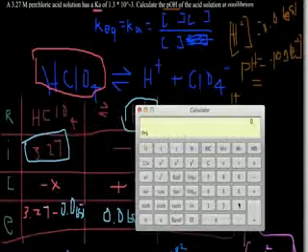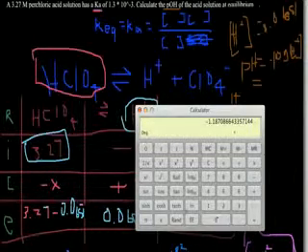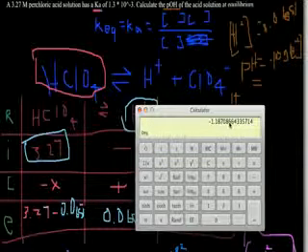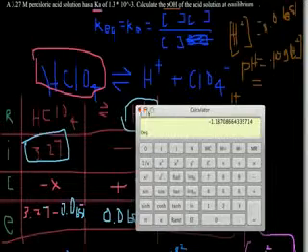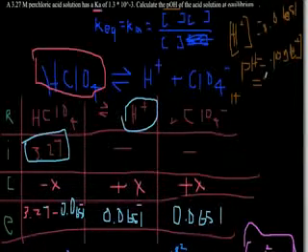So, no, here's how the calculator works. 0.065, log base 10, times negative 1, times 1, just 1, and I actually just pretend the 1 doesn't exist. You get 1.1870 as the pH. So that's around 1.19. So you get pH equals 1.19.